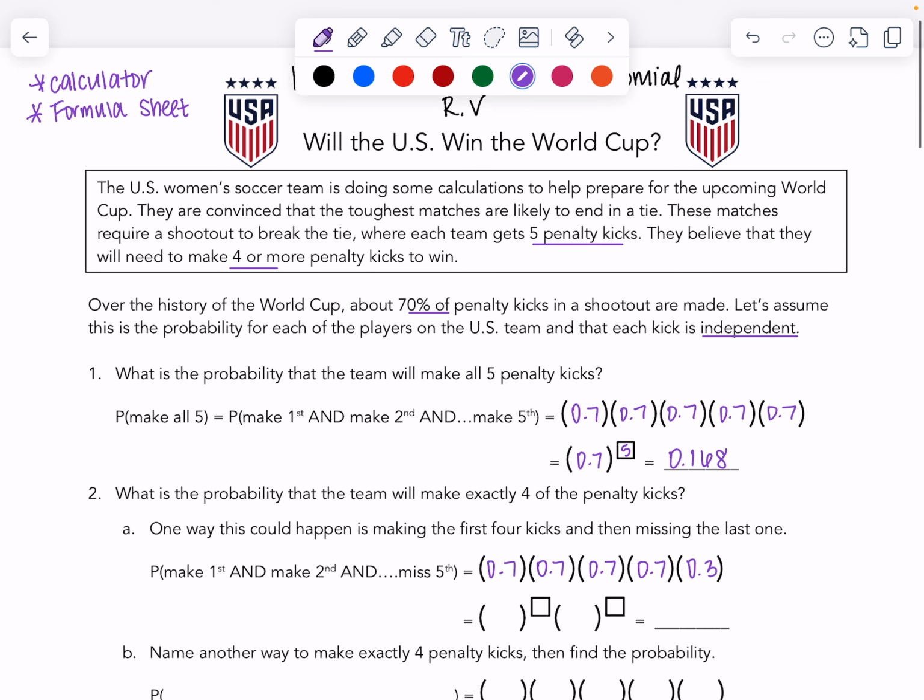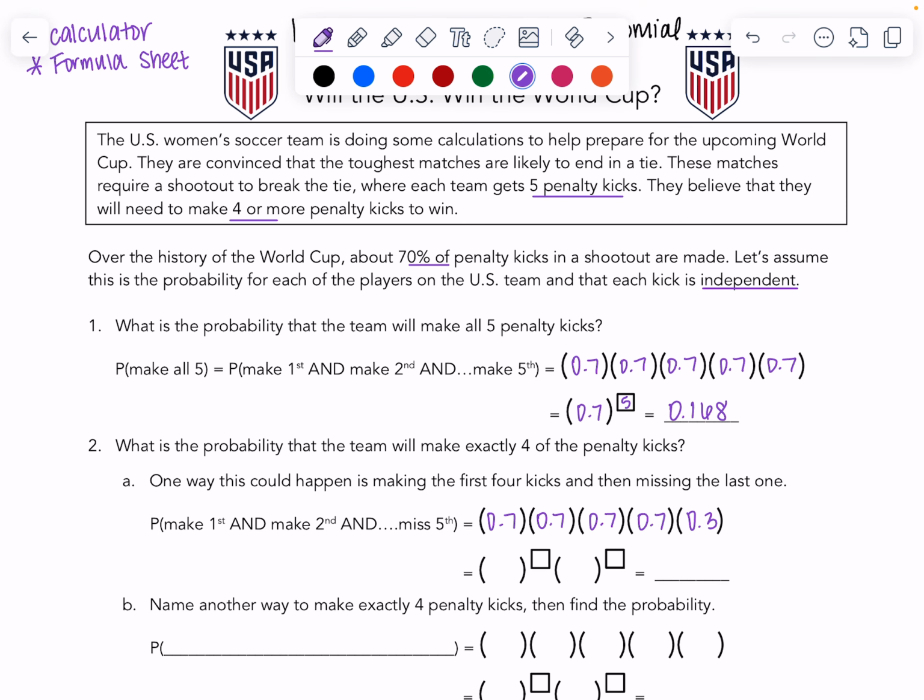We could write that using exponents, similar to what we did up here. That's going to be 0.7 to the 4th, and then 0.3 to the 1st. If you type that into your calculator, you're going to get 0.072. So that is the probability of making the first 4 and then missing the last one.